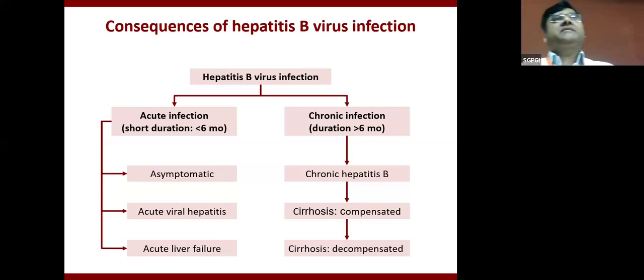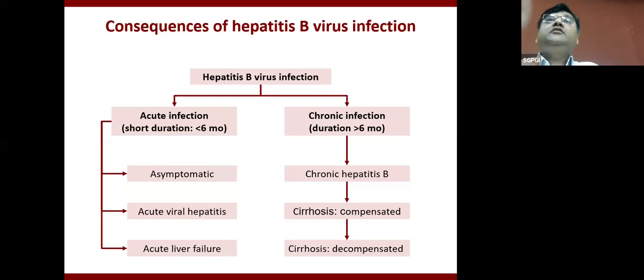Why does it happen? The basic reason is the nature of the virus. B virus is a DNA virus. C virus is an RNA virus. So RNA virus never enters inside the nucleus. It will go into hepatocyte and will remain only inside the cytoplasm. But DNA virus enters inside the nucleus, gets integrated with the human DNA, and it changes the human DNA.